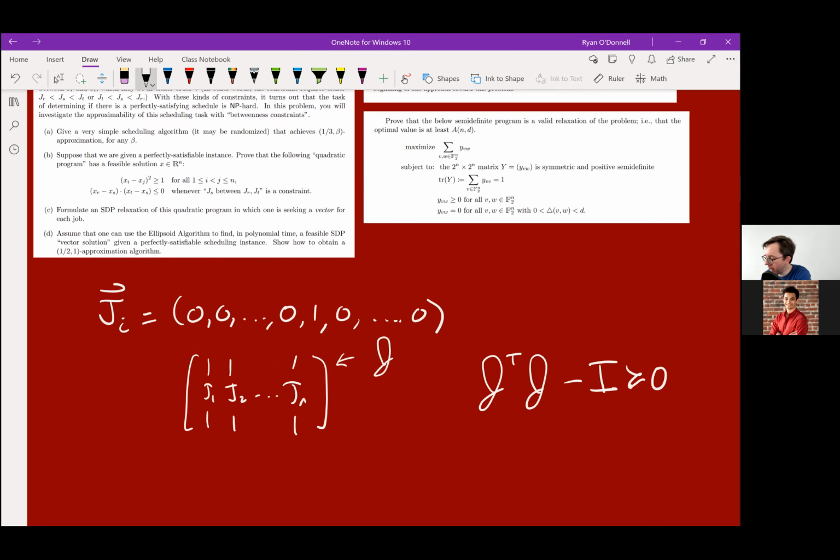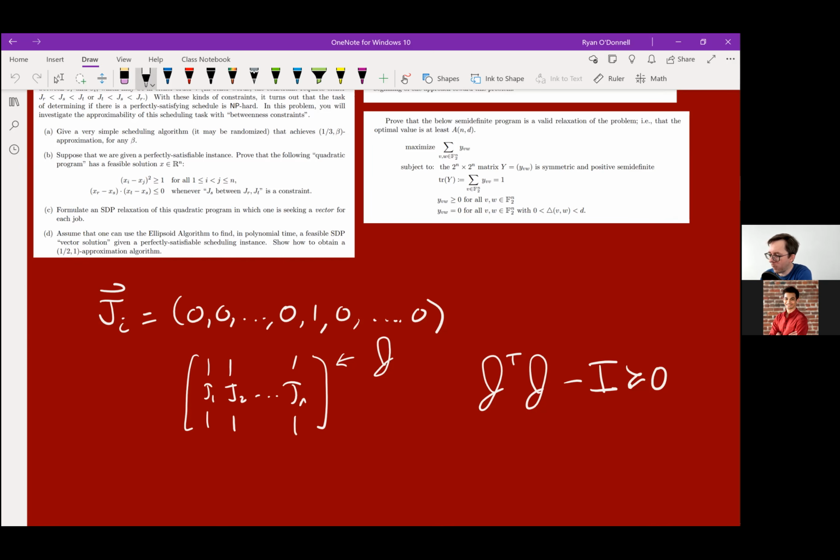So is your idea here that you want to find some positive semi-definite constraints that will be satisfied by this proposed solution? Yeah, basically if you are able to reformulate part B's objectives in terms of some positive semi-definite matrix constraint, then it could just be written as an SDP in that form.